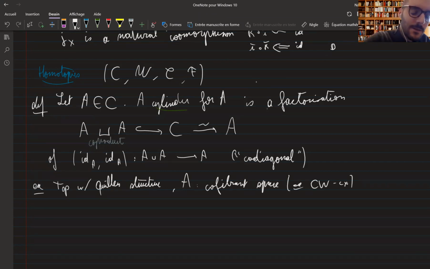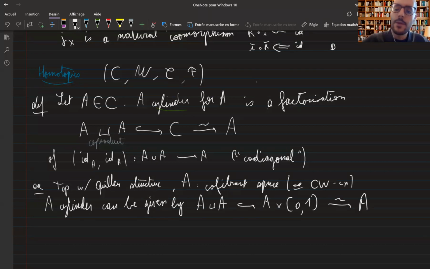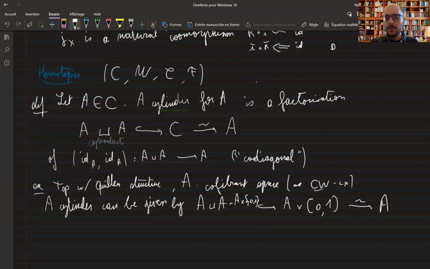Then a cylinder can be given by A cross [0,1], and you project down back to A. And you see the coproduct as A cross the boundary of the interval. So this is an example of a cylinder in the topological category.